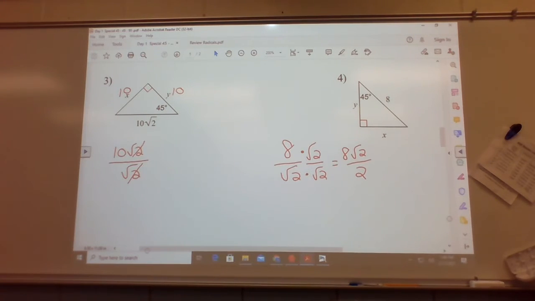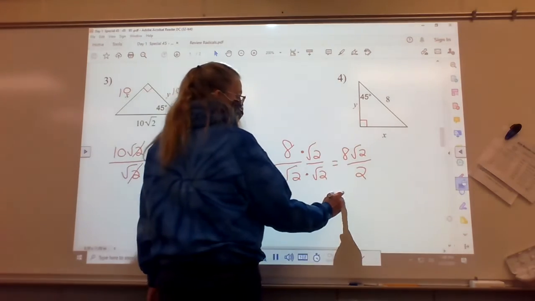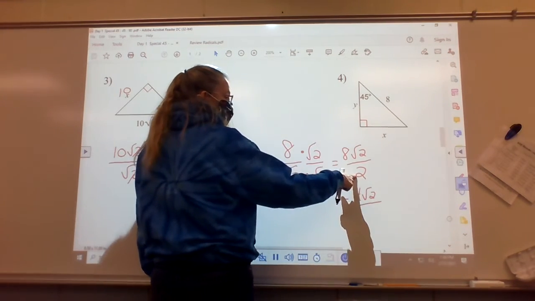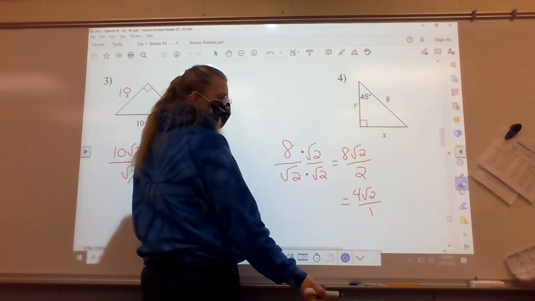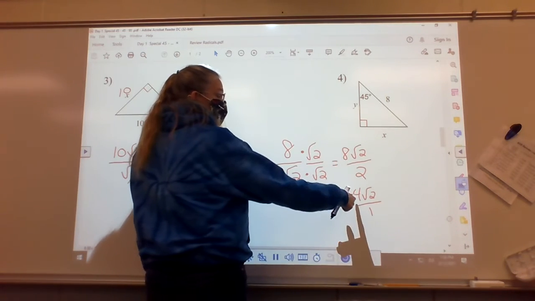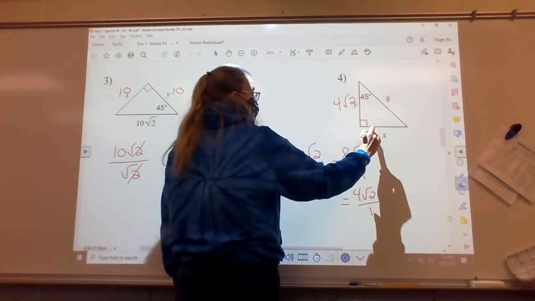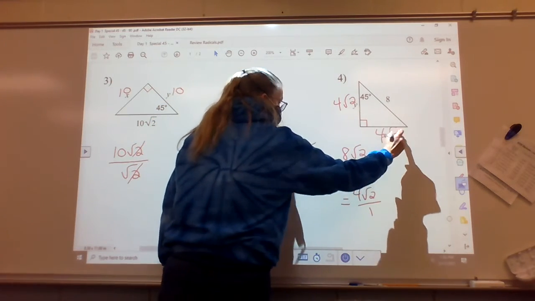So can the whole numbers reduce on this one? Yeah. The 8 and the 2 can both divide by 2. So 8 divided by 2 is 4. Two divided by 2 is 1. I mean, I can put the 1, but I don't even really need it. So therefore, this is both legs. 4 radical 2, 4 radical 2.